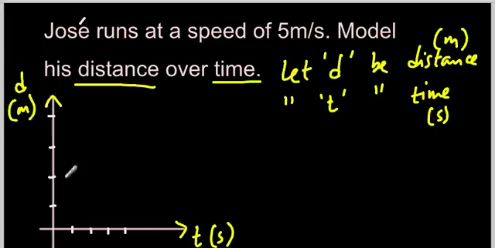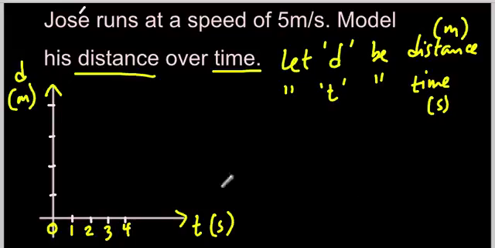For time, we start with 0, then 1 second, 2 seconds, 3 seconds, and 4 seconds. And for distance, I'm going to put units of 5, 10, 15, and 20.